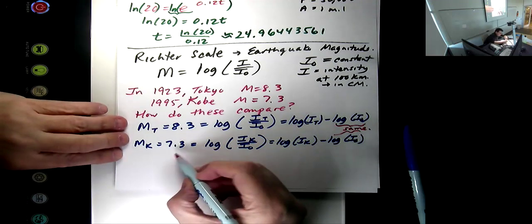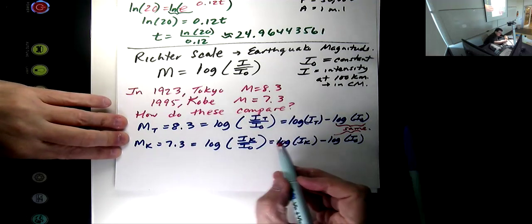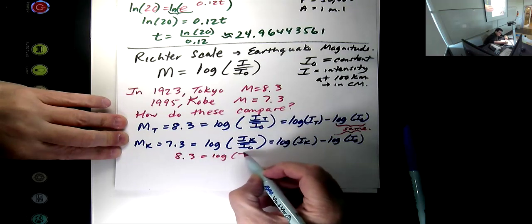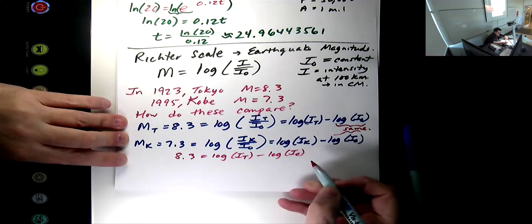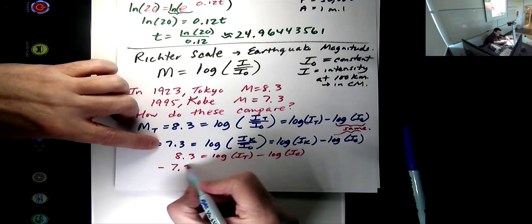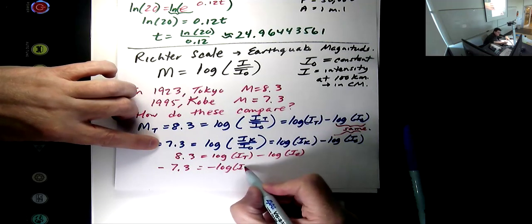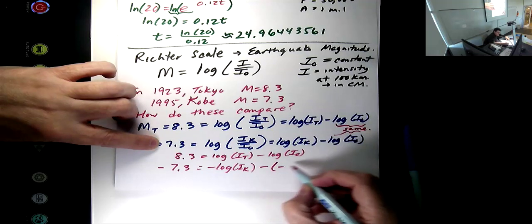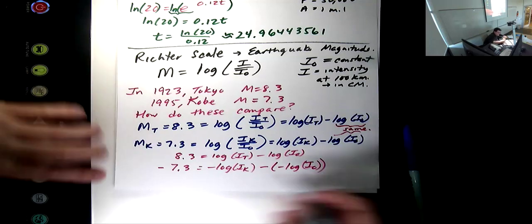So I'm gonna have 8.3, I'm gonna subtract the second equation, because if I do, the log IOs will cancel.